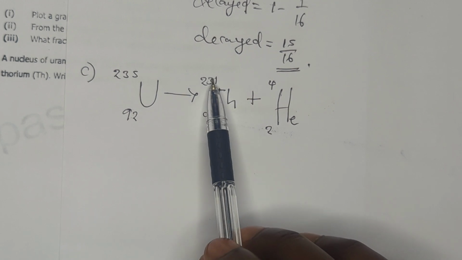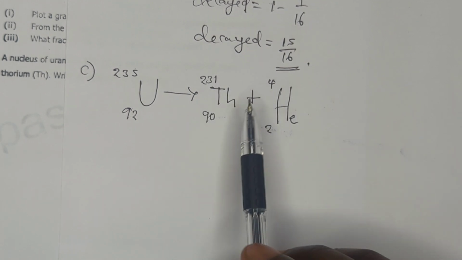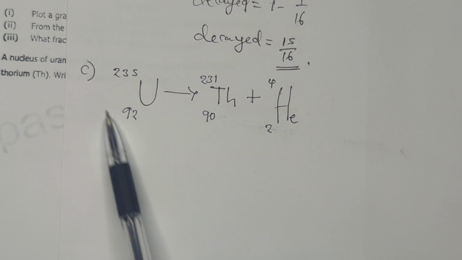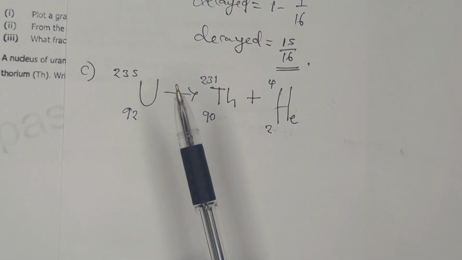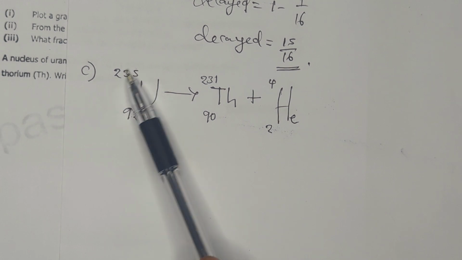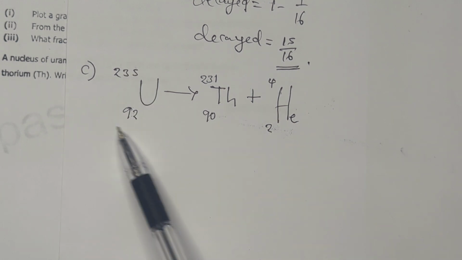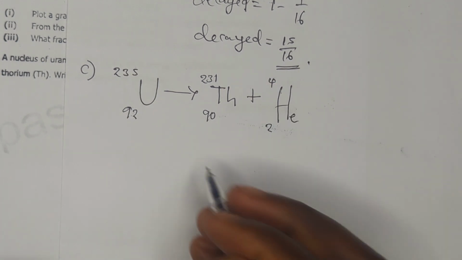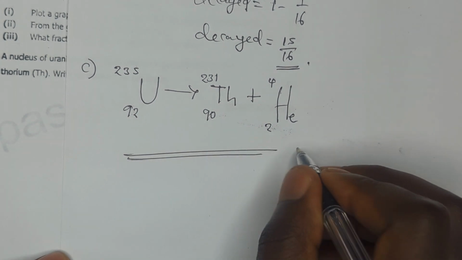Such that when we add these numbers, it must give us the parent particle. So 231 plus 4, it will give us the same. 90 plus 2, it will give us the same. So this becomes our answer.